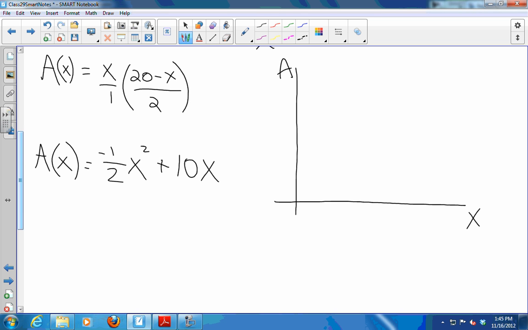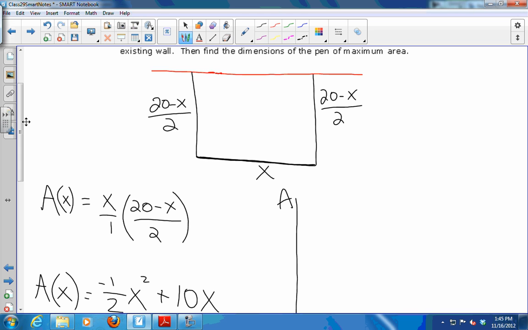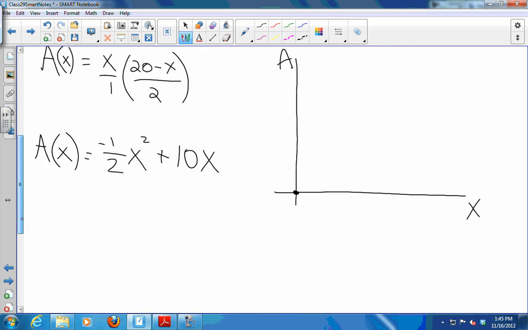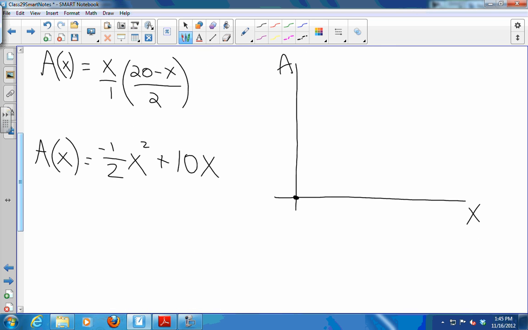Which makes perfect sense, because if I were to try to build a pen that had one side of length 0, it would have no area, right? It wouldn't exist. So (0, 0) is on my graph. And then I know it's going to go something like this, because I know it's a parabola and I know it opens down.